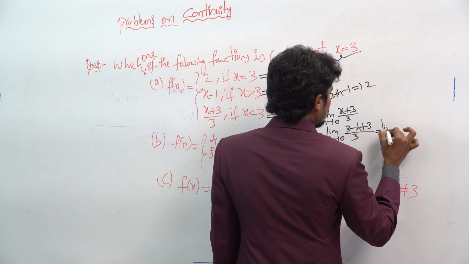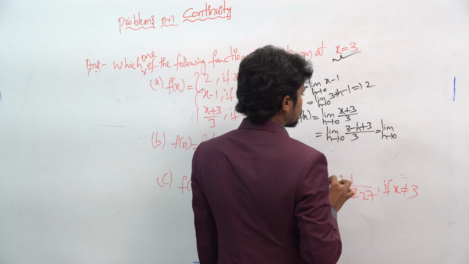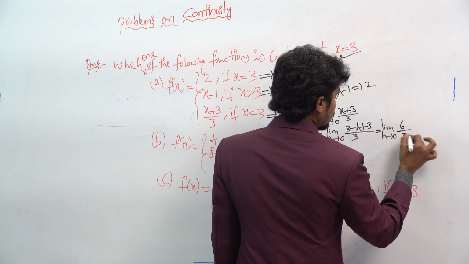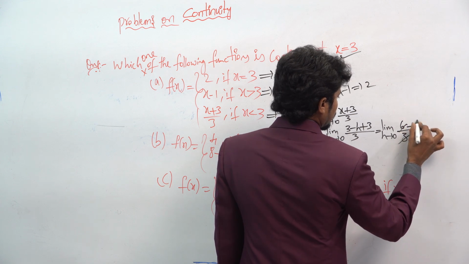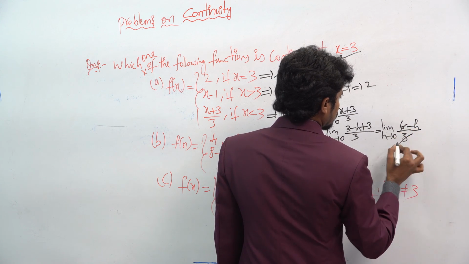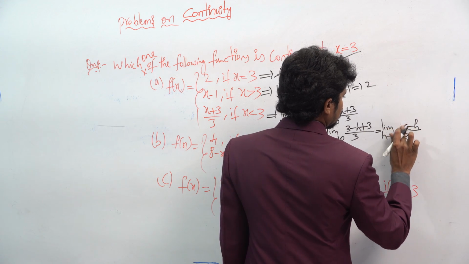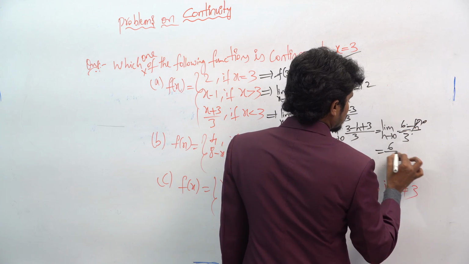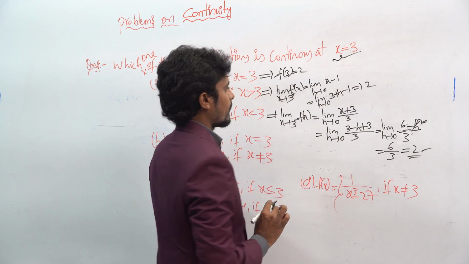How much will you get? 3 plus 3 will be 6, so 6 minus h divided by 3. Here h will be 0, so this will be 6 divided by 3, that will be equal to 2.